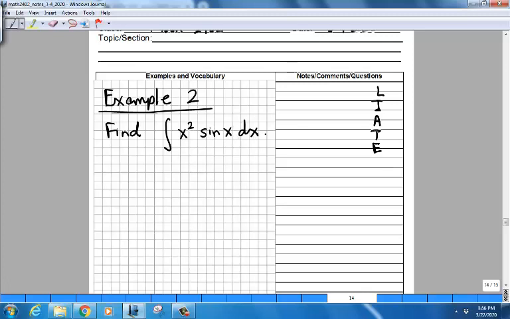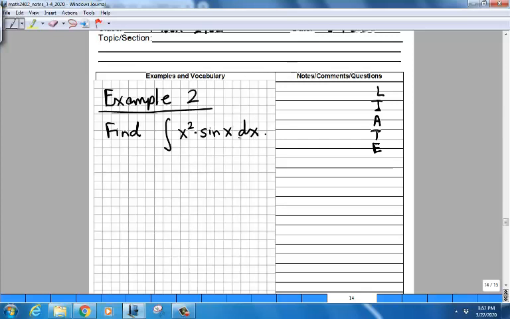The reason you might think integration by parts is helpful here is, notice you have a product of two expressions in this integrand, and remember integration by parts is the anti-product rule. So since you have a product in this integrand, maybe integration by parts will be useful in finding this antiderivative. All right, so let's try it.